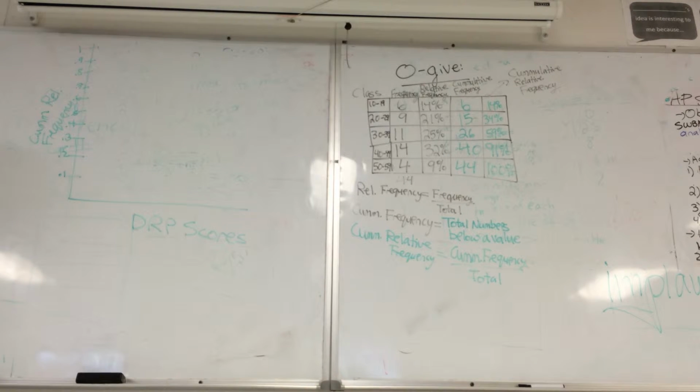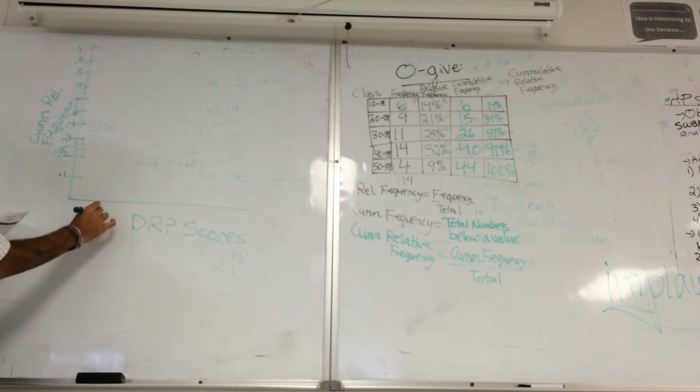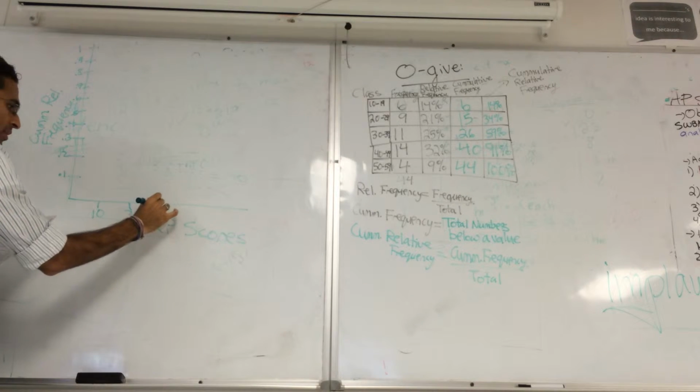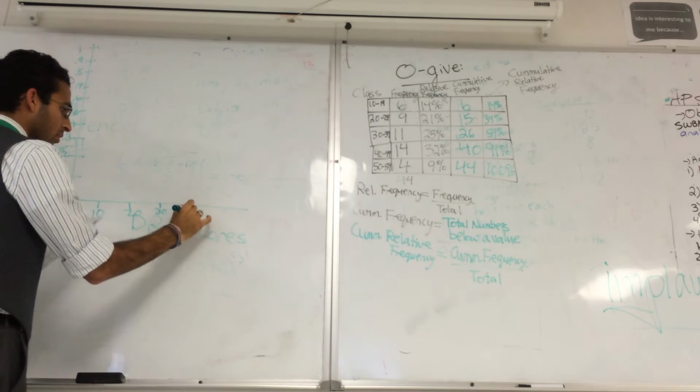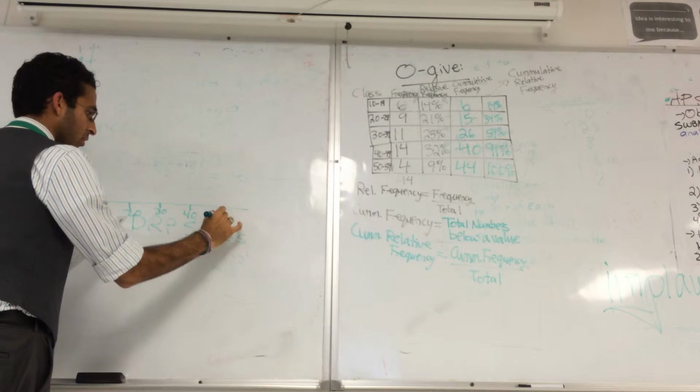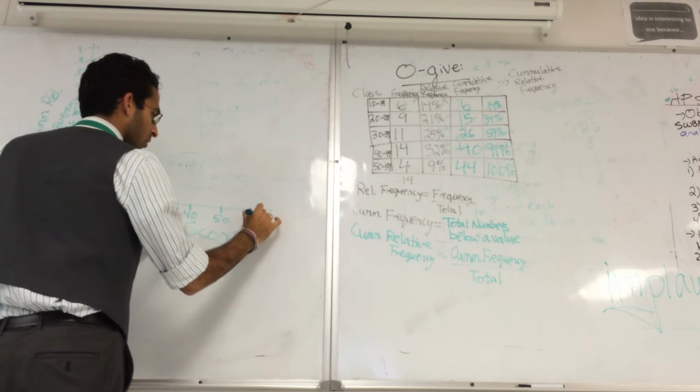Wait, are we using a histogram? No, it's not a histogram. This will be a line. Down here we have our scores, 10, 20, 30, 40, 50, 60.